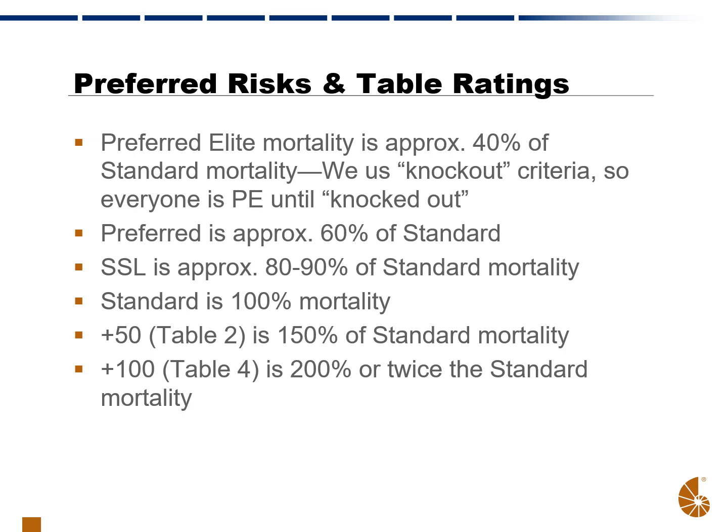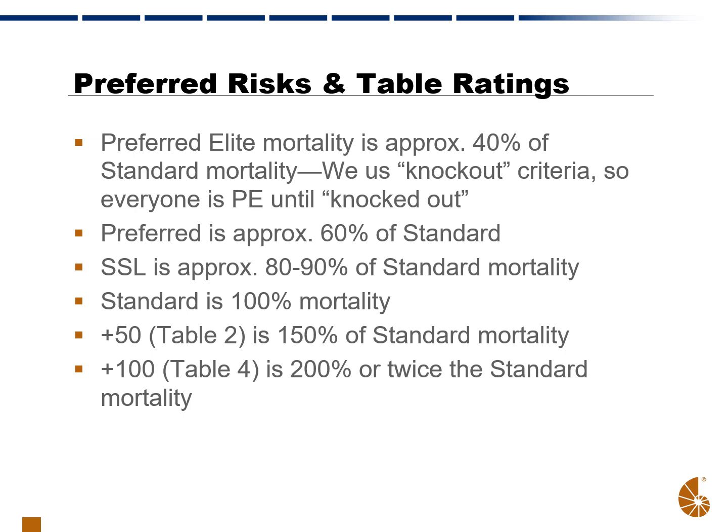There might be some groups, I put an abbreviation SSL here, that have a designation between preferred and standard, which may be in the 80 to 90% of standard mortality, whatever euphemistic term they might use to describe that group. And then standard mortality, the basis, is 100% mortality.